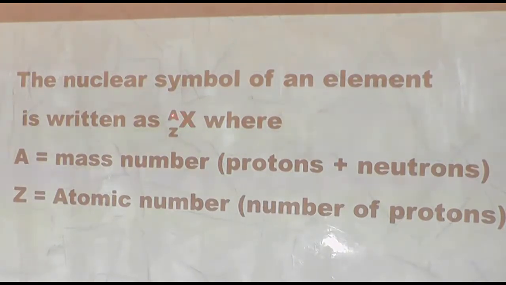But then A is the mass number. And what is the mass number? The number of protons and number of neutrons summed together. While Z is the atomic number, and that is the number of protons alone. The number of protons alone.